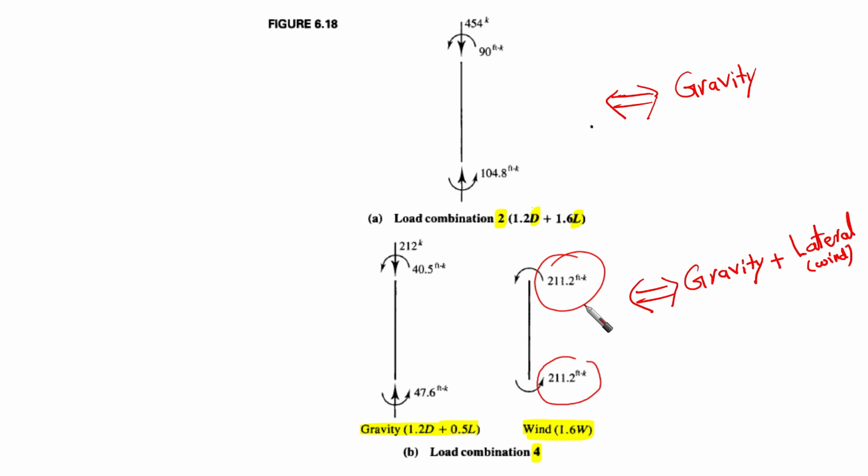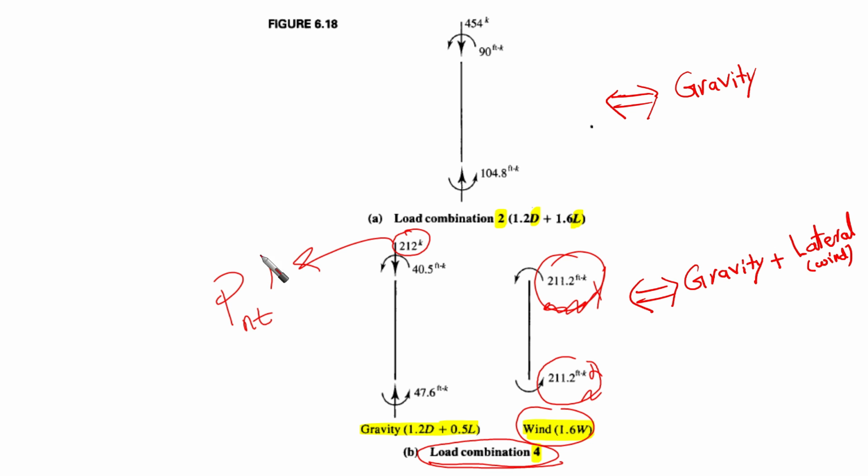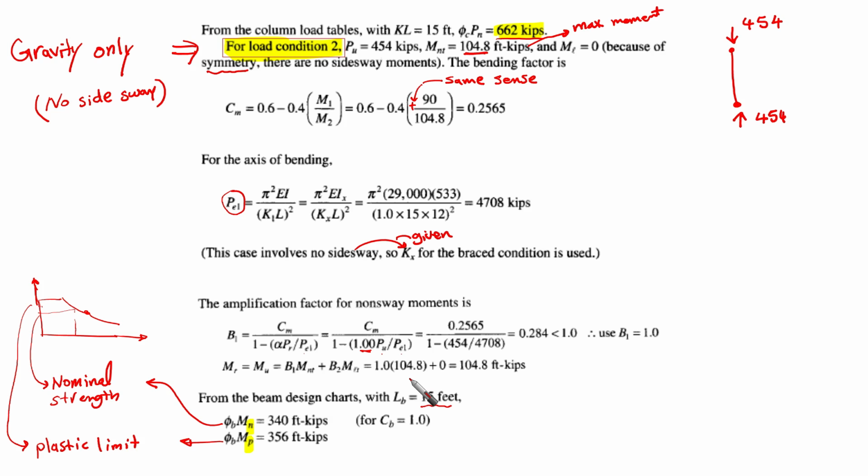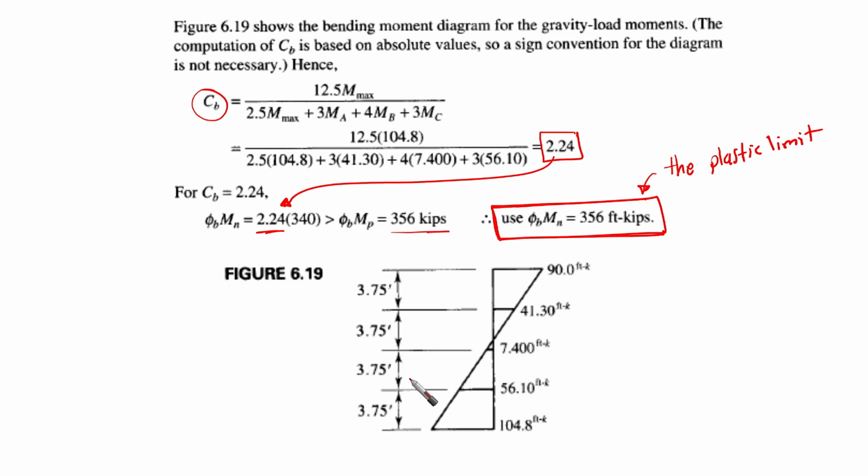I'm sorry, this is the moment, because this is the wind. We are talking about the vertical axial load coming from NT, which is this one, 212. Okay, this is PNT. This is the moment. This is something else. So we are still in the load combination. When we are talking about B2 translational, we should obtain it from the gravity loading.